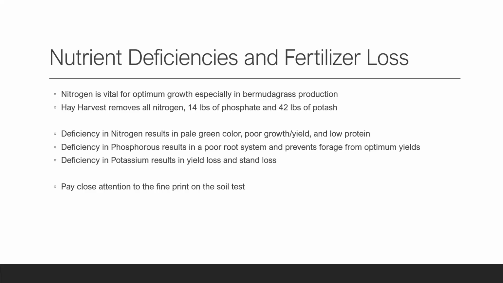I get the question all the time, nearly every day during the summertime, when we start seeing those, for lack of a better term, we'll call them trash grass. Those unwanted, undesirable grasses that thrive in low or nutrient deficient soils.